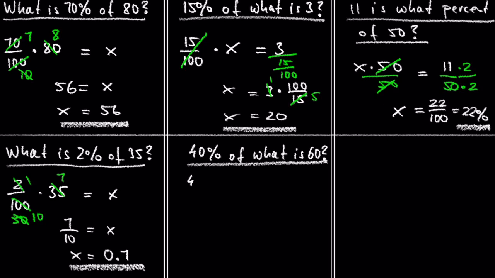40 over 100 of what means multiplied by x. So 40 over 100 times x equals 60.